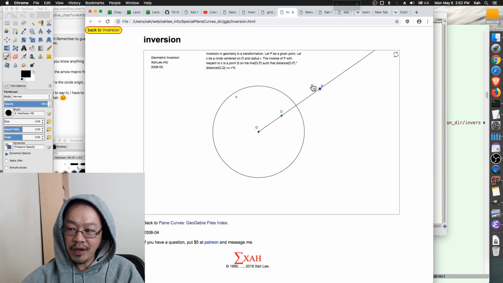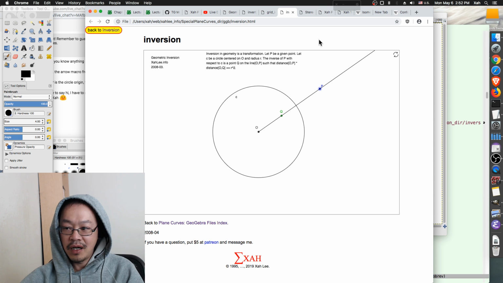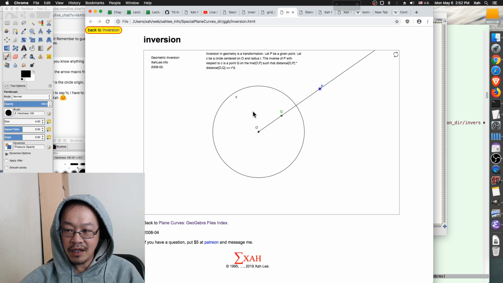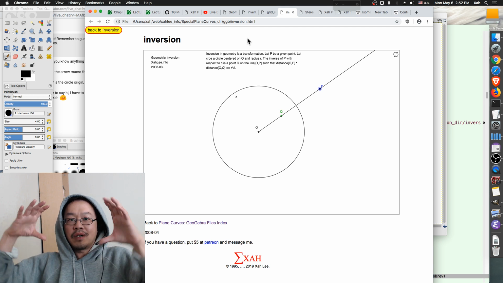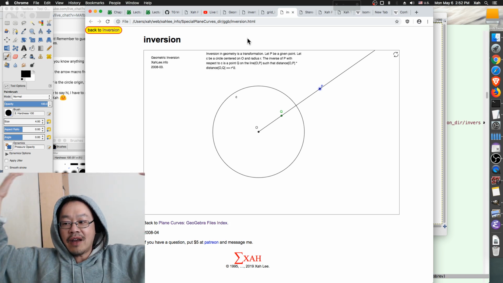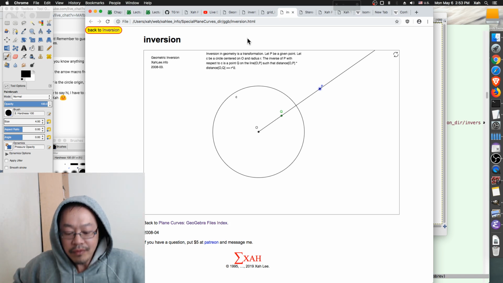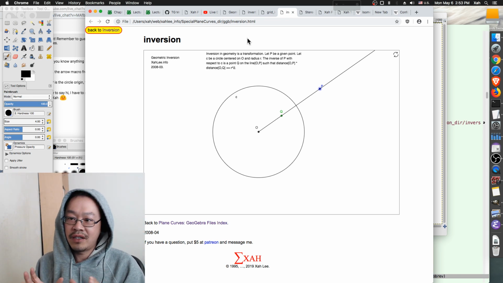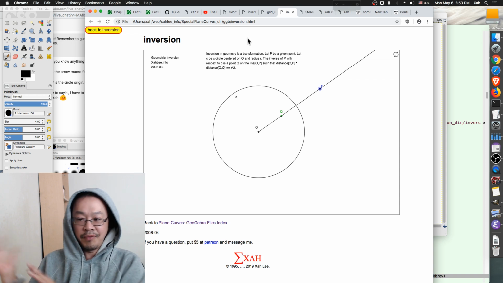All points outside the circle come to the inside of the circle, and any point inside the circle comes to the outside. So this fixed circle is kind of like a mirror. It mirrors everything inside to the outside, and everything outside to the inside. So geometric inversion is a generalization of reflection or mirror.